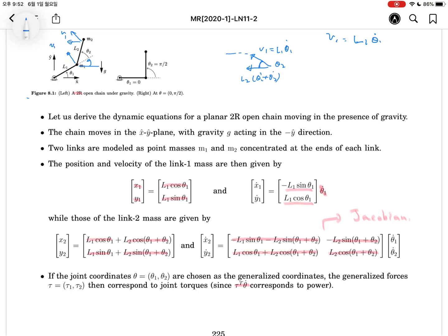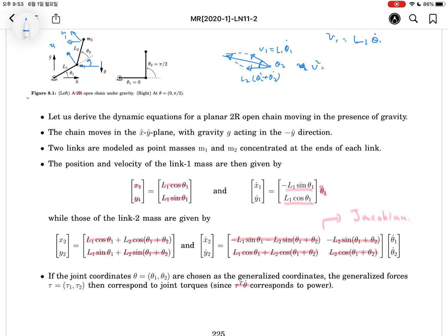Okay, so the 2 vectors can be added using the vector sum. So this term will be the total velocity, and this vector can be obtained.